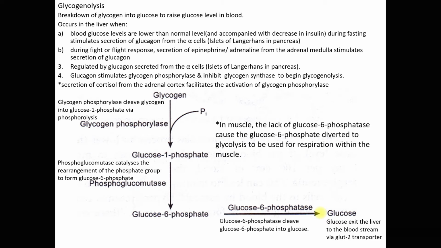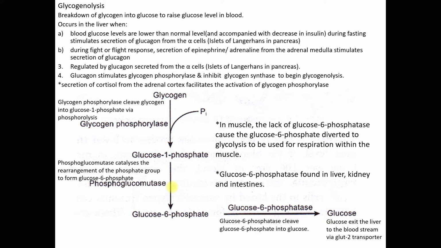Now, in the muscle, the lack of glucose 6 phosphatase causes this glucose 6 phosphate to be diverted to glycolysis, to be used for respiration within the muscle. This glucose 6 phosphatase, if you're wondering, can be found abundantly in the liver, and then other than the liver, in the kidney and intestines.